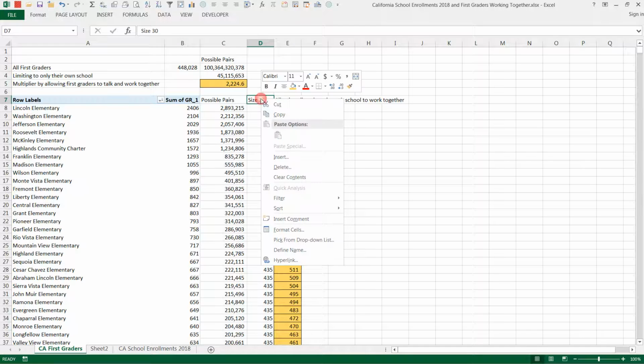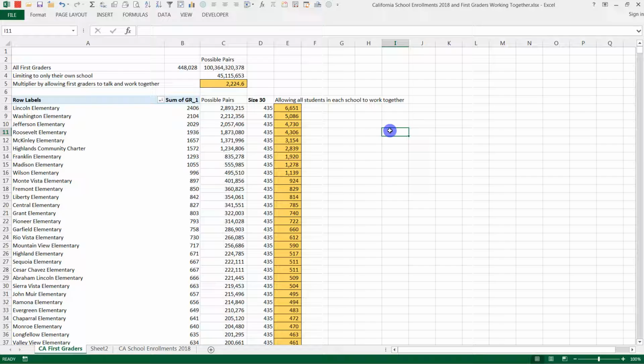Here, I stuck in a class of size 30. If I can find the distribution of first graders by class size, I would use that for an example, if that's an easy thing to do if I take a few minutes and find the data. Here, there are 435 pairs within a class that has 30 kids, 30 first graders in this case. And let's see if I can explain this.